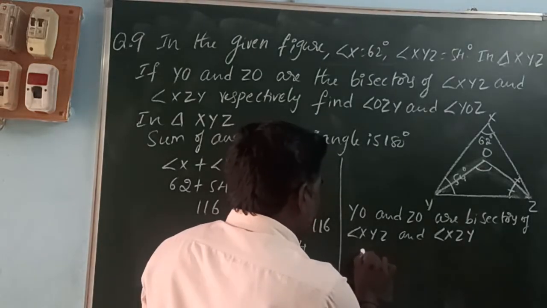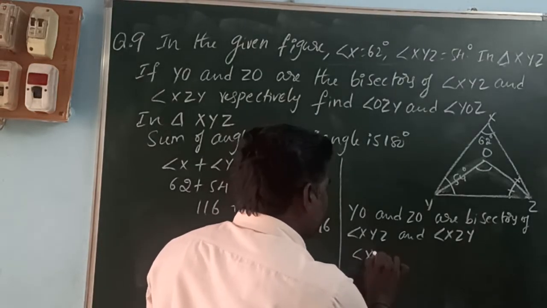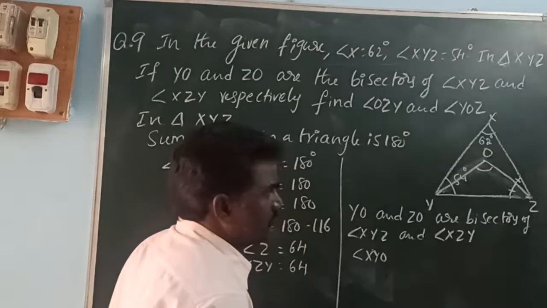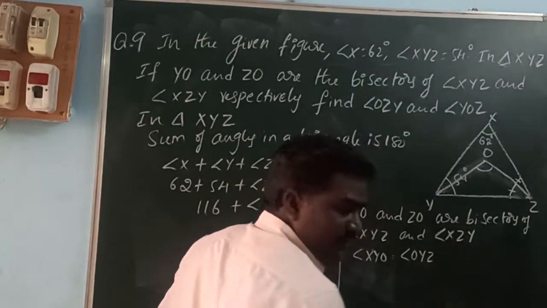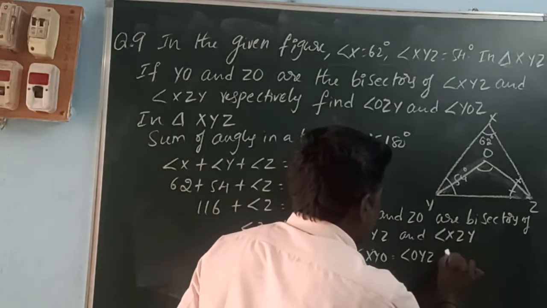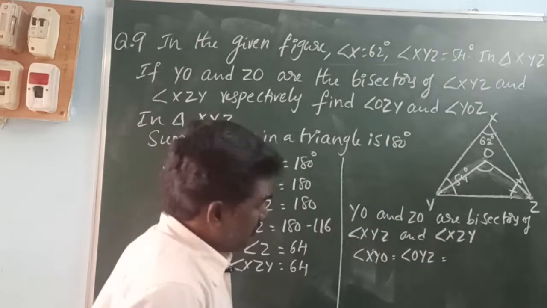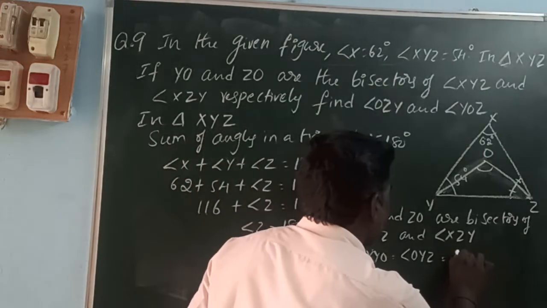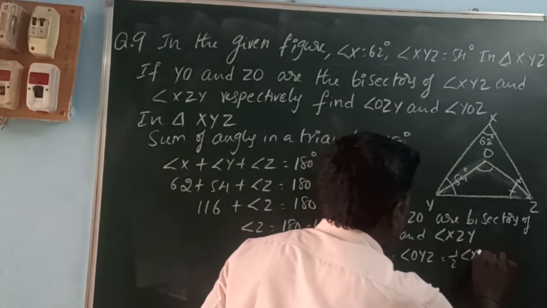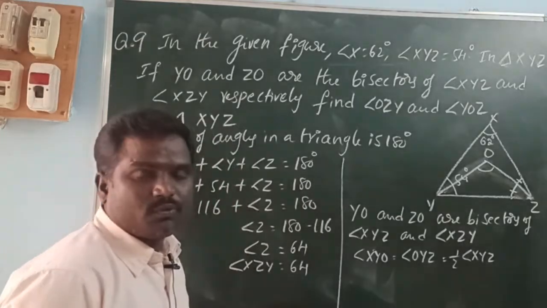There are angle XYO equal to angle OYZ. Each of these angles is equal to half of angle XYZ. Why? It is dividing into two equal parts.